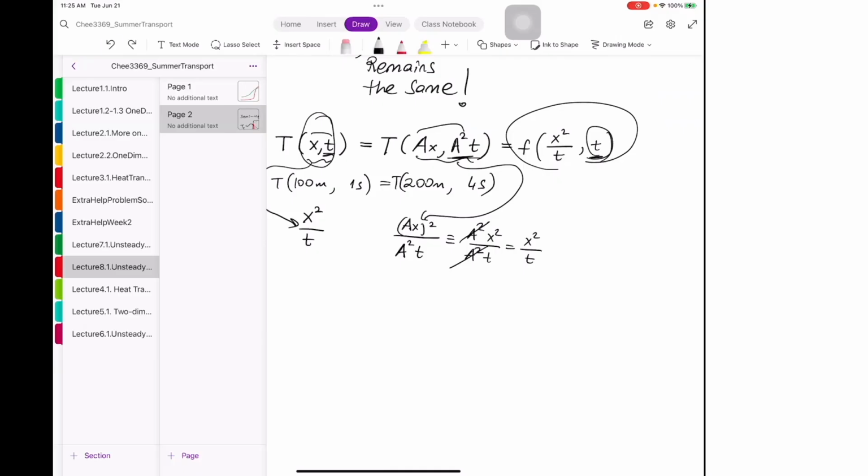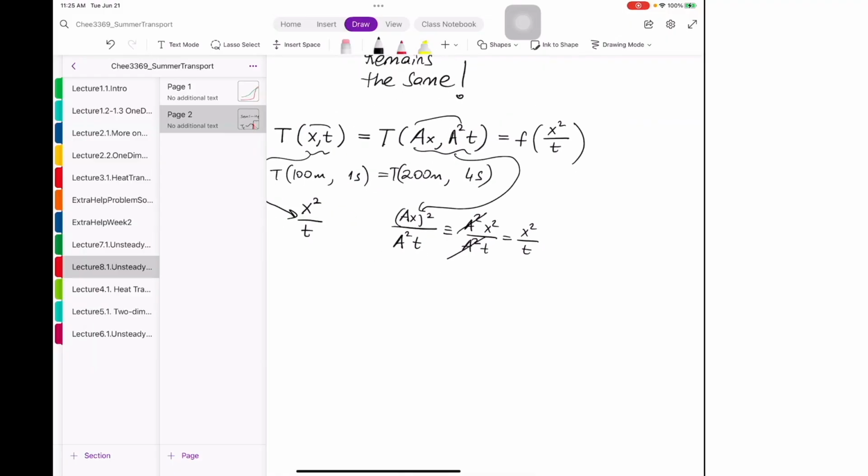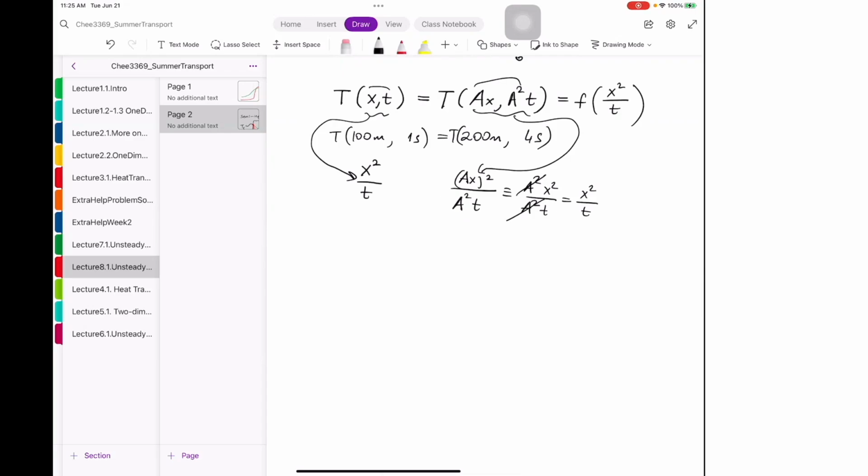So that means it's definitely, certainly, and exactly a function of x squared over t. Is this part clear for everybody? This is very important. If anything is unclear about the fact that the temperature must be a function of x squared over t, then please ask.